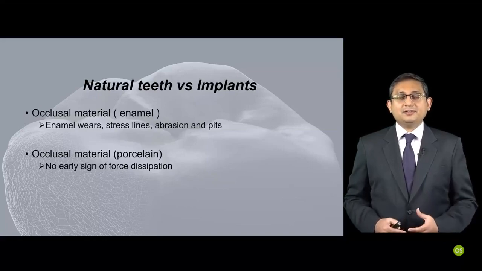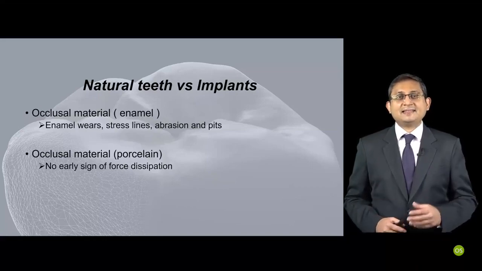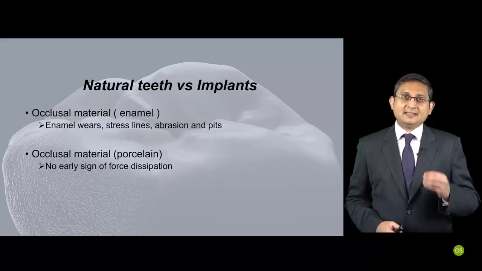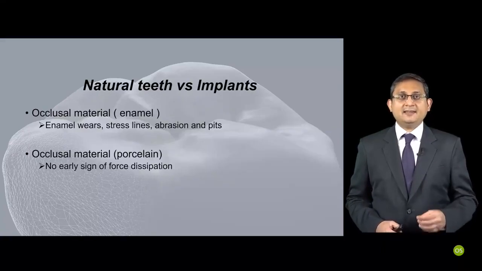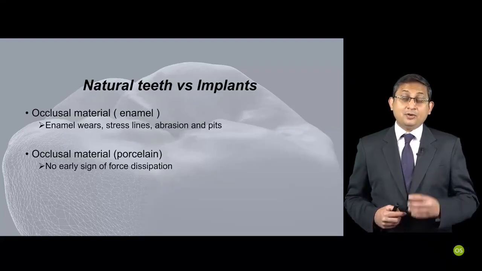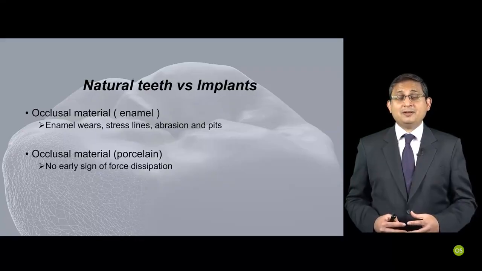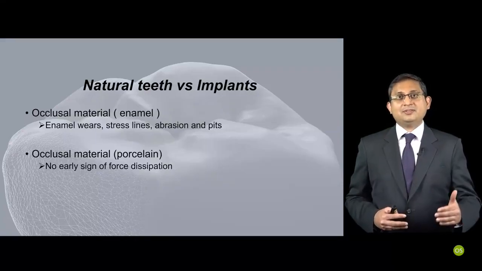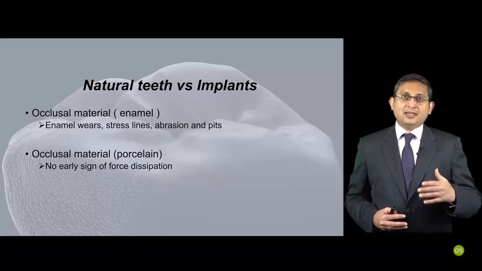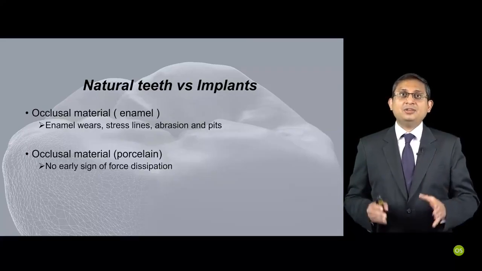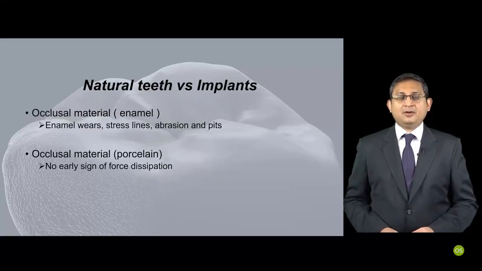So I hope this short presentation has helped you in understanding the differences between natural teeth and implants, and why it is very important for us to consider the load we put on implants and the consequences of that. Because if we put a similar overload on teeth and implants, you will see 2 different consequences.